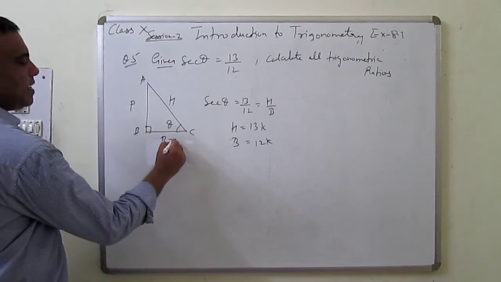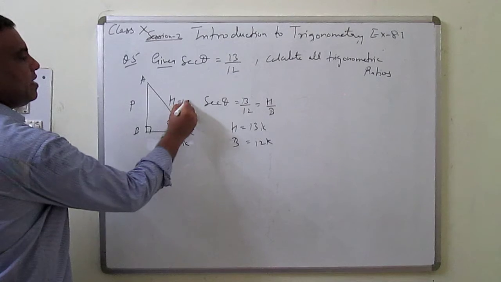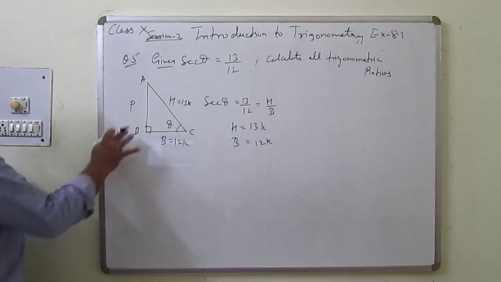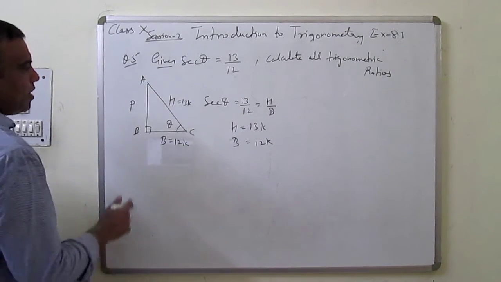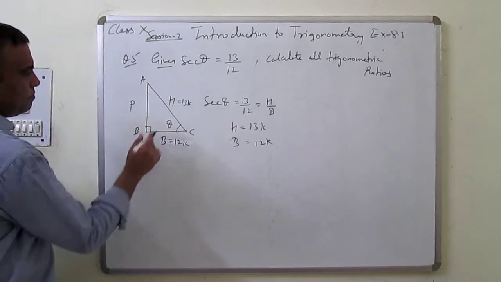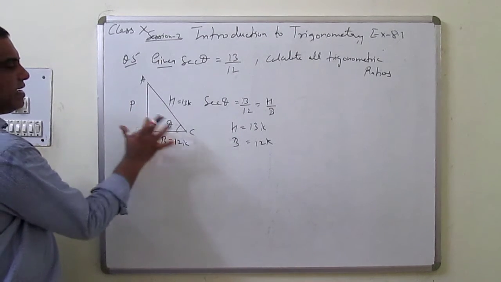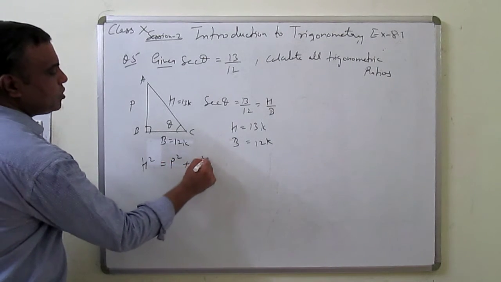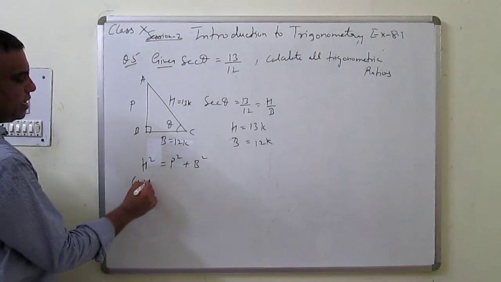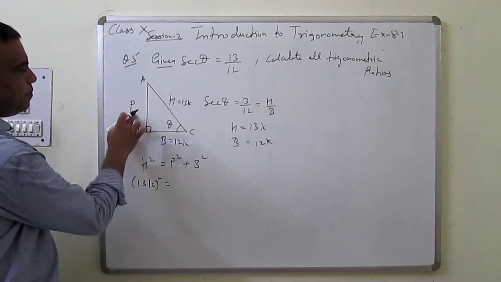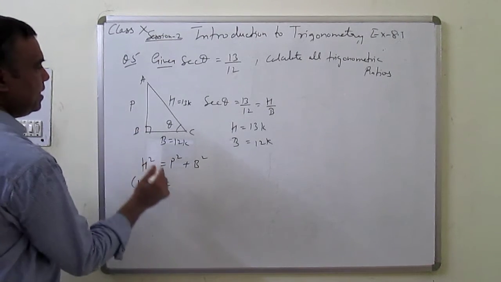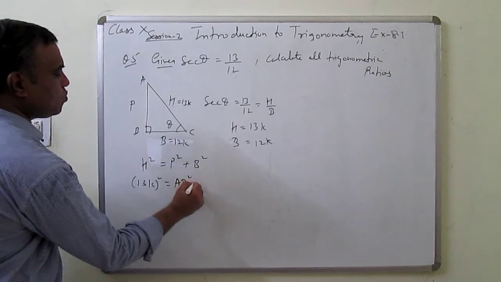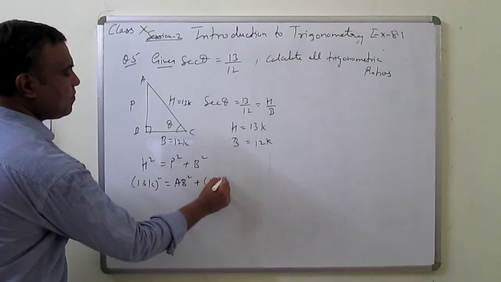ठीक है, बेस आ गया आपके पास, h आ गया, you will calculate perpendicular. So you can use Pythagoras theorem because it is right angle triangle. In right angle triangle you can use Pythagoras theorem. H square is equal to p square plus b square. H is 13 का square, p you don't know, and p is ab का square plus base is 12k का square.